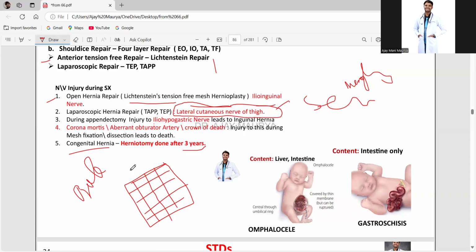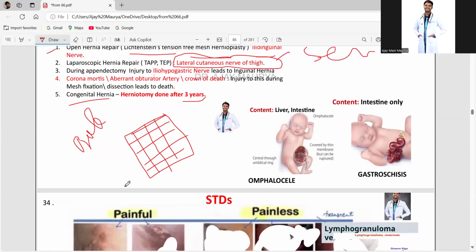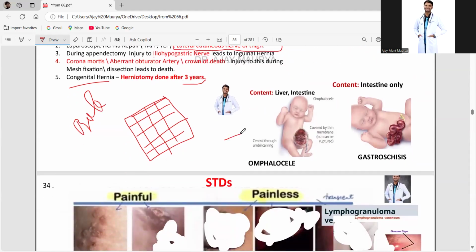Because what is hernia, guys? Hernia means a weakness of the abdominal wall, mostly the posterior abdominal wall. That's why you insert it for support, for strengthening. This is how they are going to ask the questions. Done.